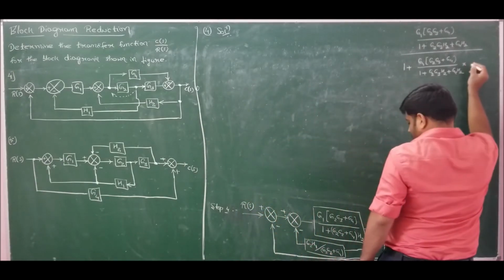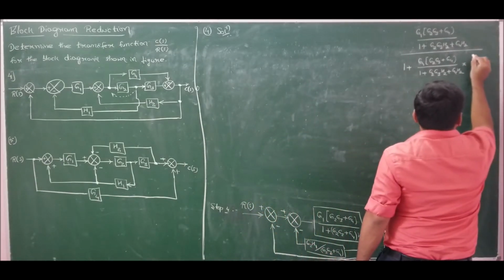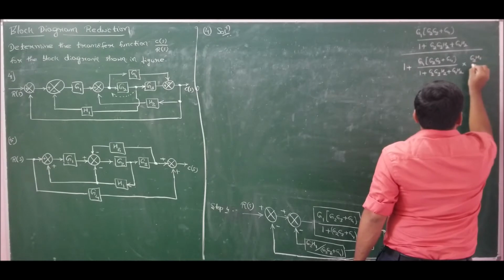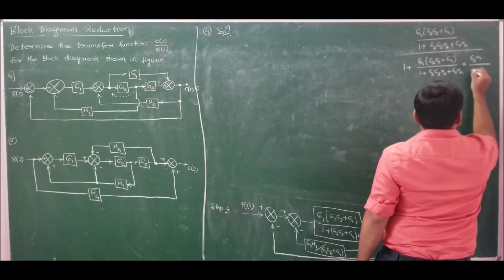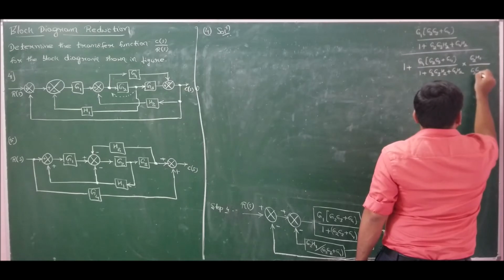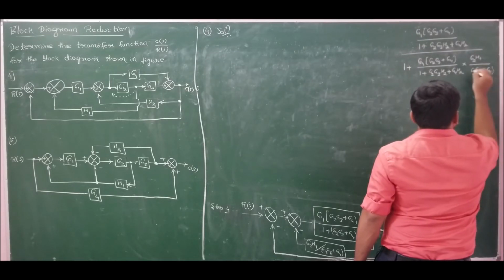Into H of S is G2 H1 divided by G2 G3 plus G4, G2 G3 plus G4.